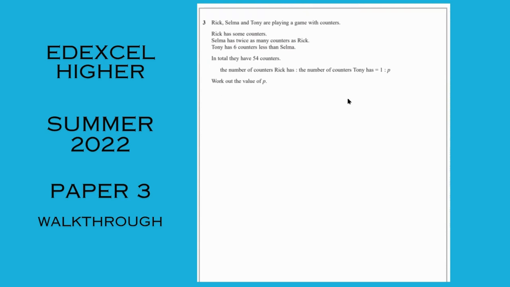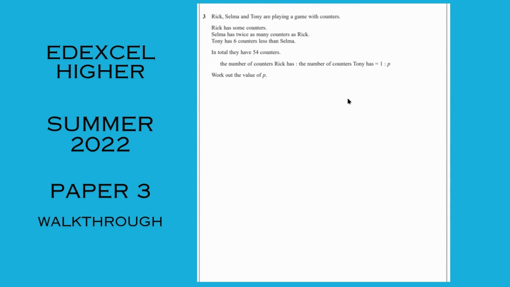Number 3. These wordy ratio questions, they are in every single set of papers, aren't they? At least once, if not twice. Always organise your thoughts. R, S, T. Rick has some counters. Get an x in there. S has twice as many.